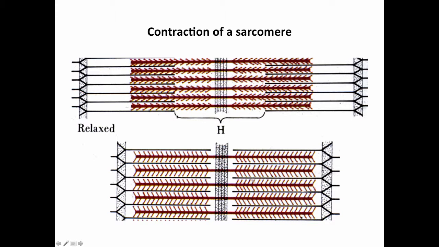But what does change is the width of the H band as the actin filaments get pulled further and further into the dark A band. The width of the H band decreases, and the width of the I band, the myosin-free part of a sarcomere, also decreases, as you can see here.